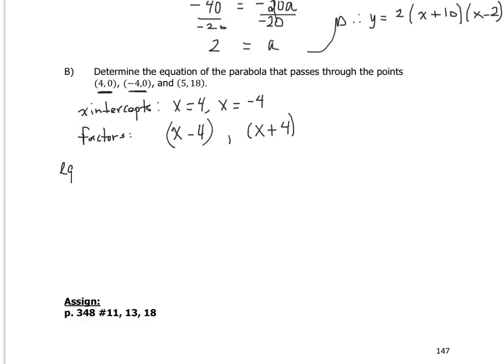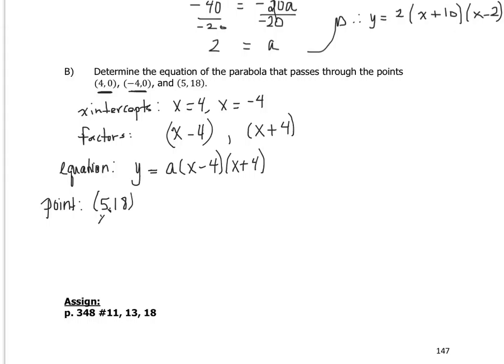So therefore the equation has to be of the form y equals a outside of (x minus 4)(x plus 4). And then we're going to use our point, which is (5, 18).